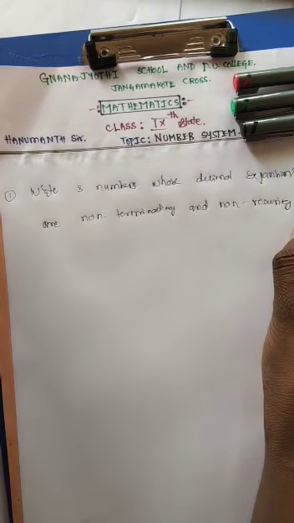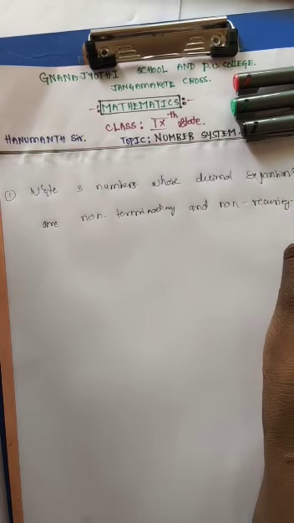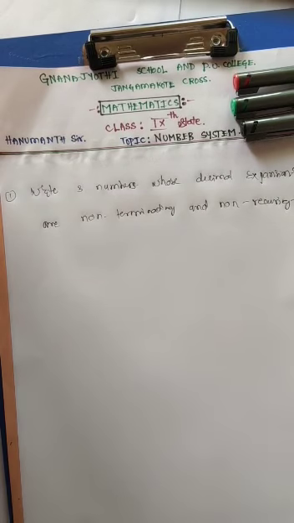Non-terminating and non-recurring form. So we need to write three numbers whose decimal expansions are non-terminating and non-recurring.